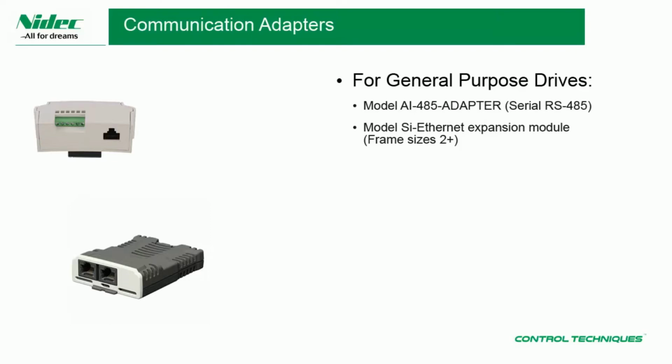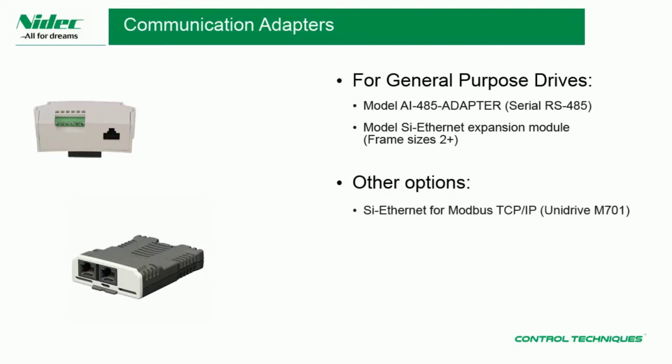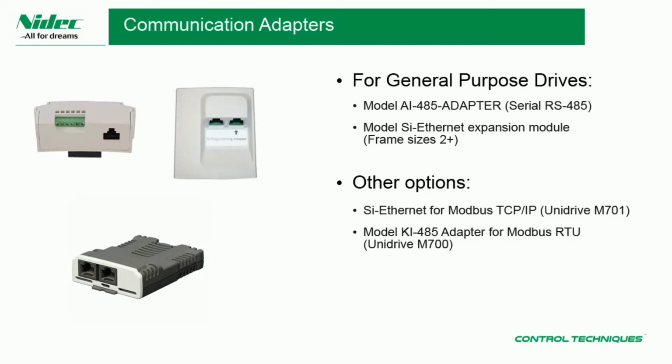The Unidrive M400 will require either the AI-485 adapter or the SI Ethernet module, depending on the type of Modbus communication desired. You may also add a SI Ethernet module to a Unidrive M701 to provide Modbus TCP/IP communication. A Unidrive M700 may also communicate using Modbus RTU by adding a KI-485 adapter.